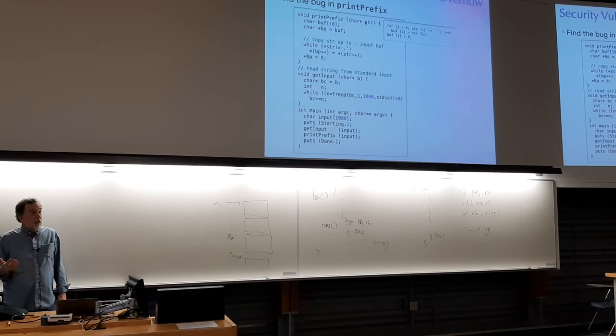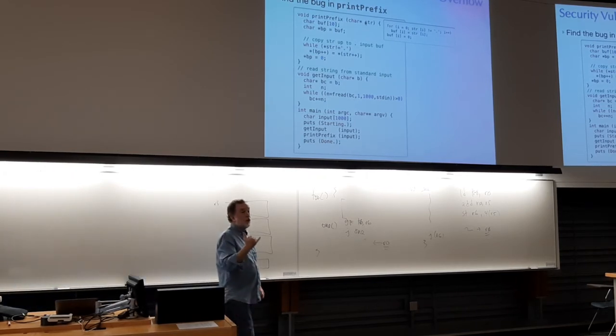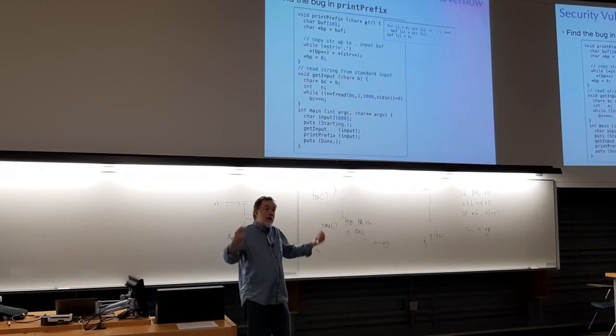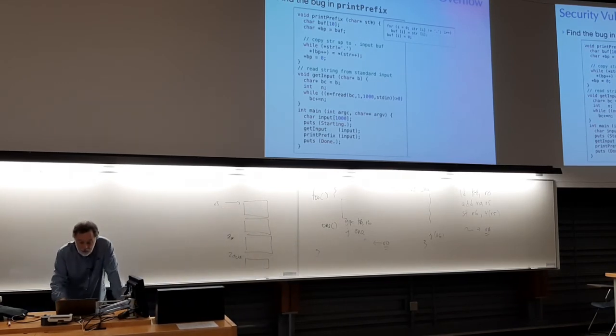This makes sense? And it's going to overflow it with the contents of this variable string. So string is an array. It's the input, the print buffer. And in this program, that value is input from the command line. So now look at the rest of this program. What this program does, it has another buffer. It prints that it's starting, and then it calls get input that does an fread from standard in.